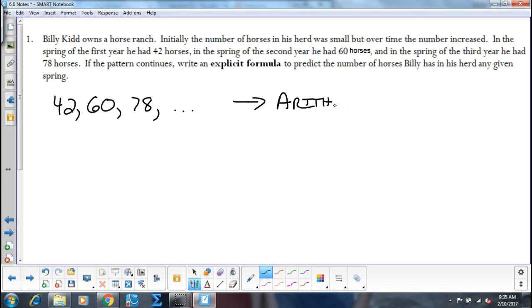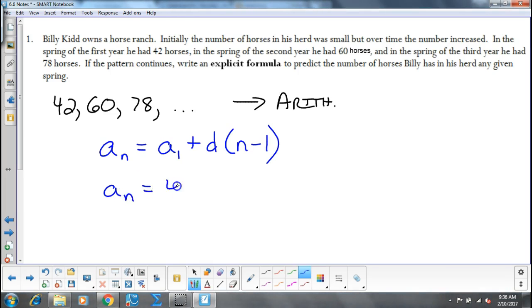So the explicit formula for an arithmetic would be a sub n equals a sub 1 plus d times n minus 1. A sub 1 is 42. D is 18. So that one would work.